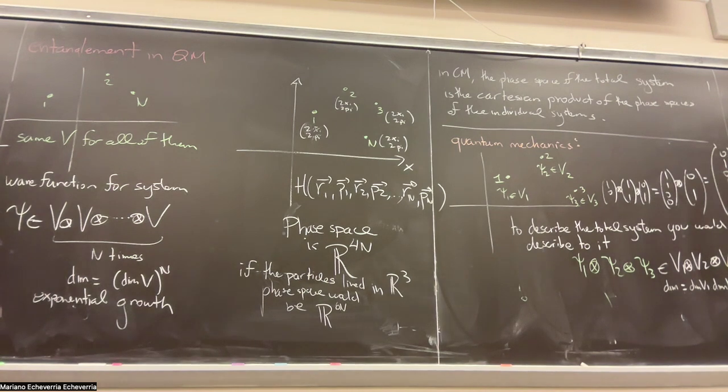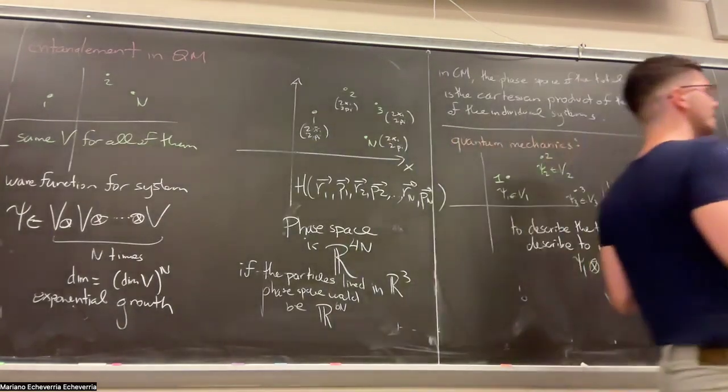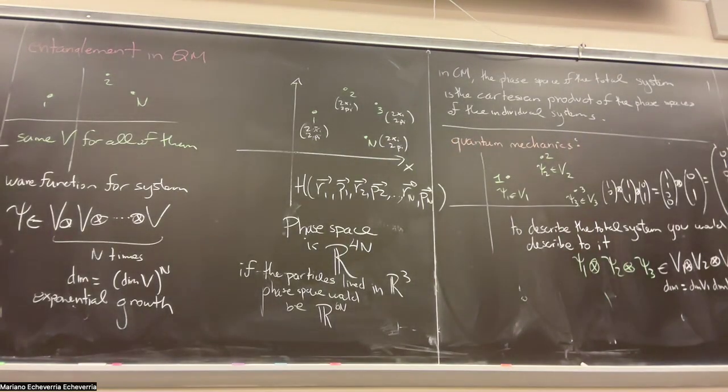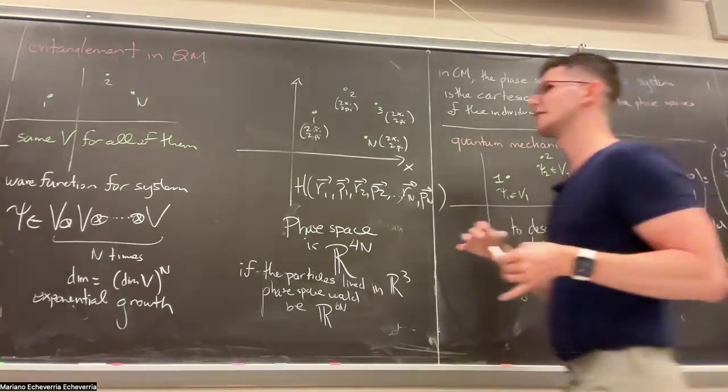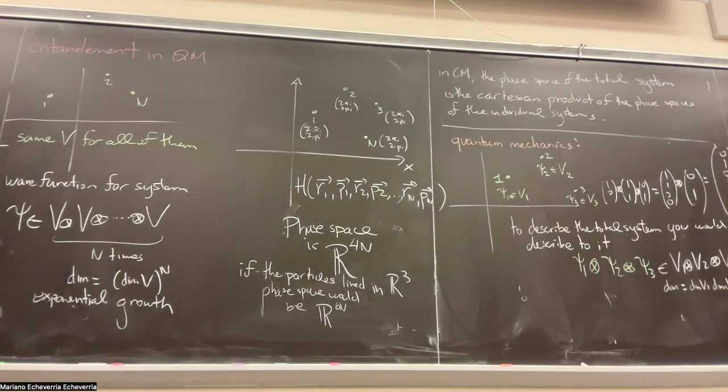So in quantum mechanics, the composite system has a vector space that is exponentially larger than the vector spaces of the individual pieces. Which is why, if you have seen all this stuff about quantum computers, the great promise of them is that for certain algorithms, it has been proven that they would be exponentially faster than the classical analog.